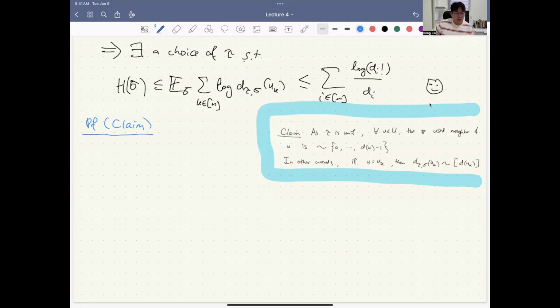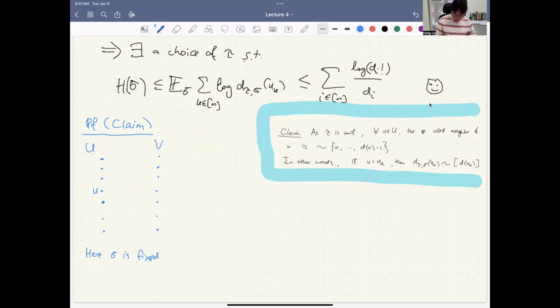I'll just prove it by picture. So we have U fixed, right? Here's a picture. Let's say we fix U to be this guy. This size capital U, this size capital V. And in this scenario, sigma is fixed.